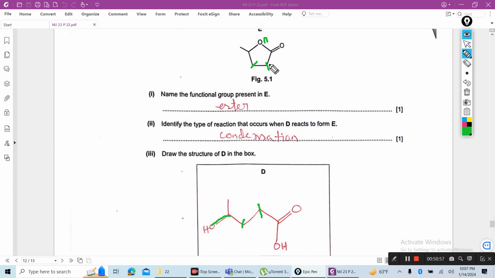After that, this carbon-oxygen double bond is the carbonyl group, and it has also lost an OH group, so for the monomer you have to add an OH group. Simply, when you form the monomer, here oxygen and hydrogen will be added, here COOH will be added. That's why this is the D structure.